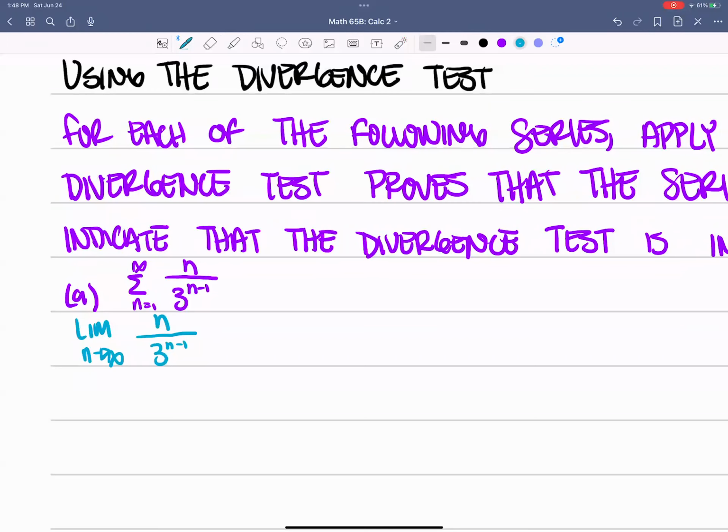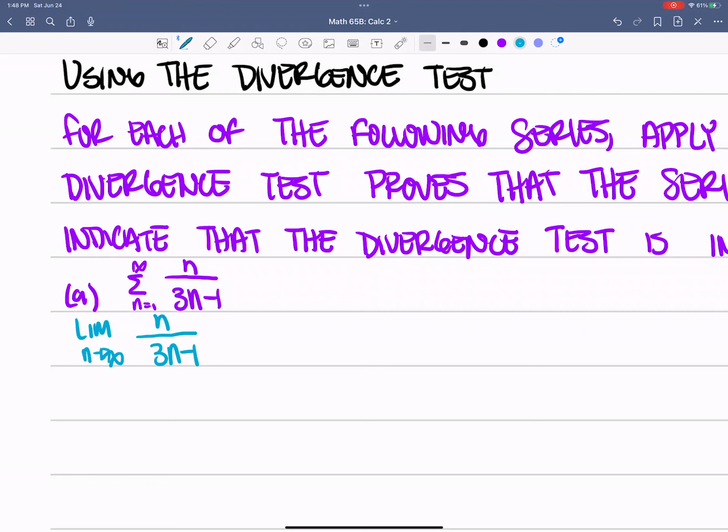And actually it's not to the n minus 1, it's 3 times n. So 3n minus 1. Much easier. Okay, so 3 to the 3n minus 1.